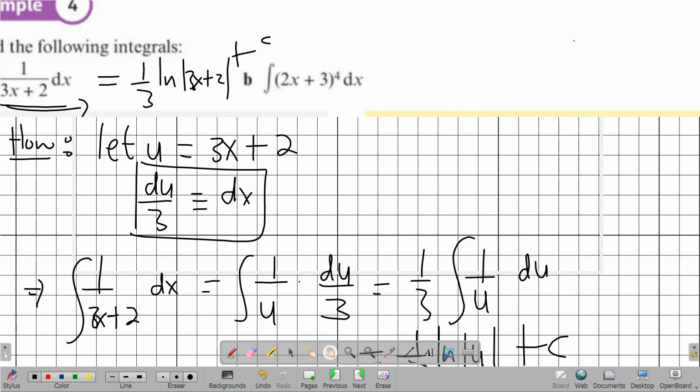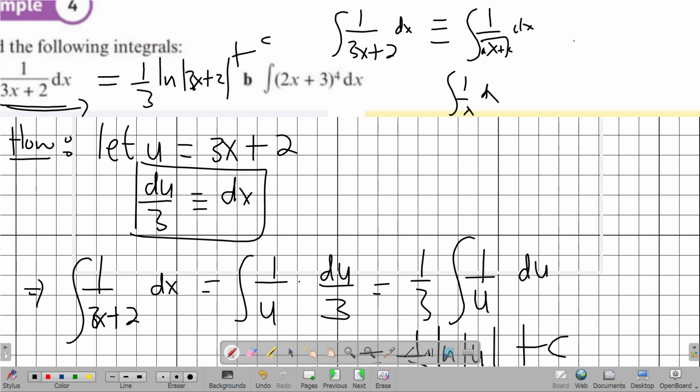Now, we did not guess the answer, because we can see already this function is in the form of 1 over x. And from the standard integral, we know that the integral of 1 over x can be reduced to natural log of x plus c.